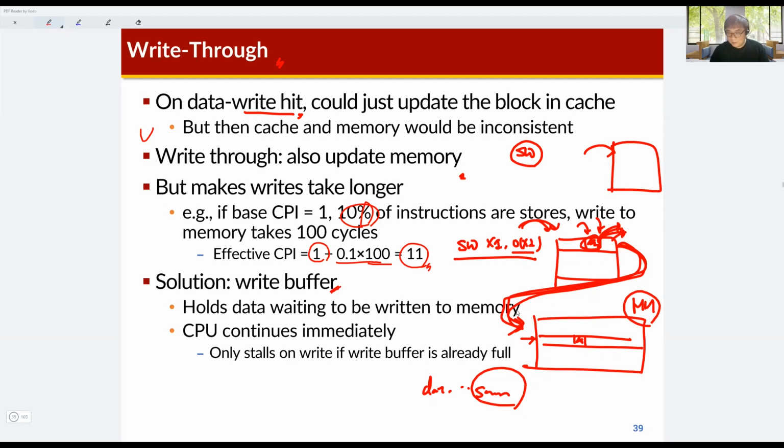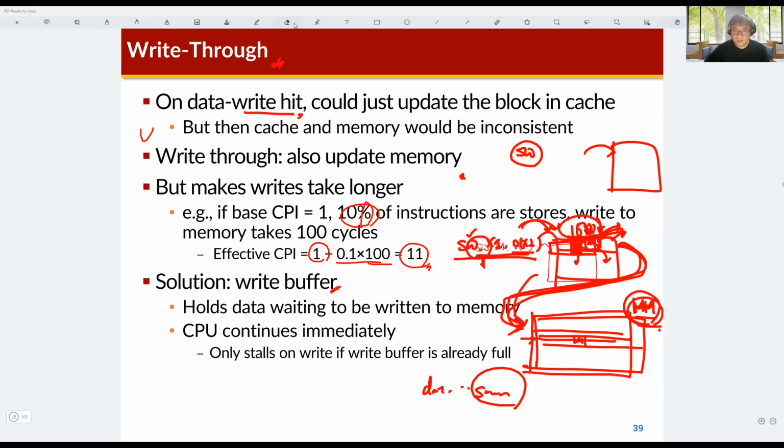Write buffer means that instead of the cache directly accessing main memory, so erase this path, then this is the fast component, and this is the slow component.